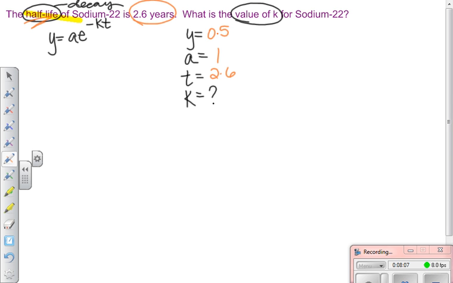So when I put this into my formula, I have that 1/2 is equal to 1 times e to the negative k times 2.6. I don't have to divide both sides by 1, because 1 times anything is anything. I am dealing with e, so to undo e, I have to take the natural log of both sides.